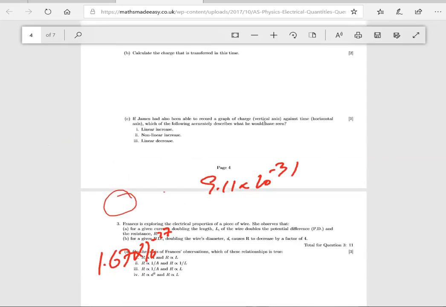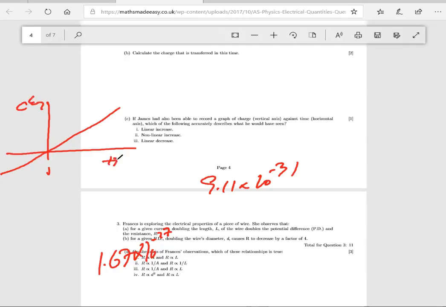Charge against time, horizontal axis: which of the following accurately describes what you would have seen? Linear increase. This is charge, this is time, and this is increasing, so it means your current is increasing. It will be I. This will be the answer. Non-linear increase.